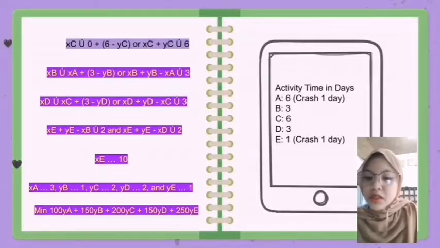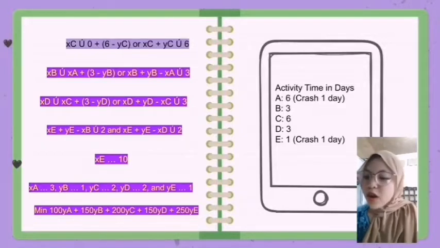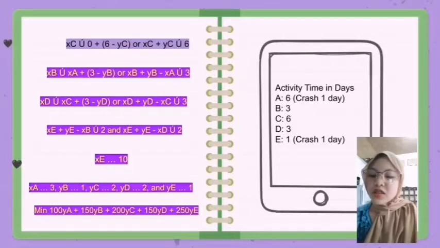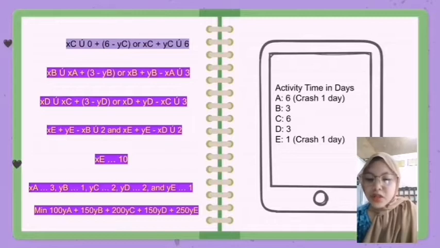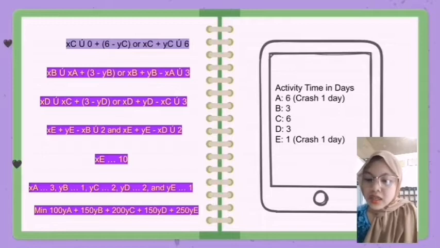The linear programming solution from either Lingo or Solver provides the optimal solution: crash activity A by 1 day and activity E by 1 day, for a total crashing cost of $100 plus $250, which is equal to $350. This is the minimum cost crashing solution, and the activity times are as follows.